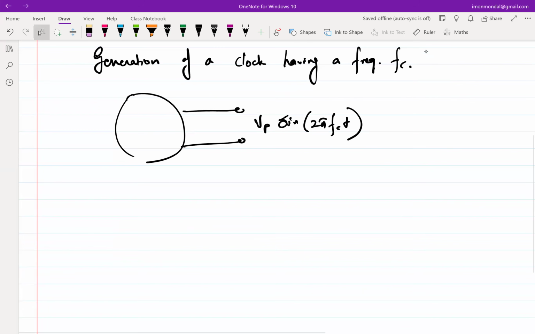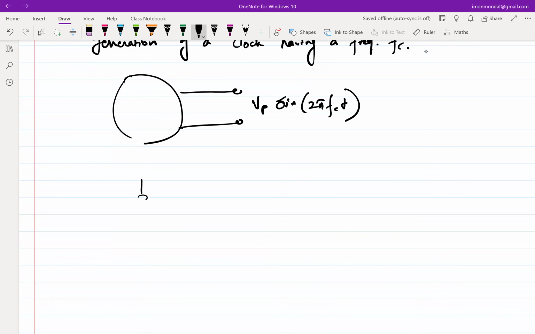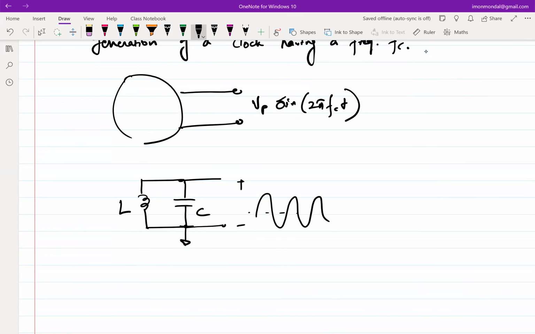So I have an LC oscillator, with this L and this C. If it's an ideal LC oscillator, you are going to get a sinusoid between these two terminals. The frequency will be 1 by 2 pi under root LC.